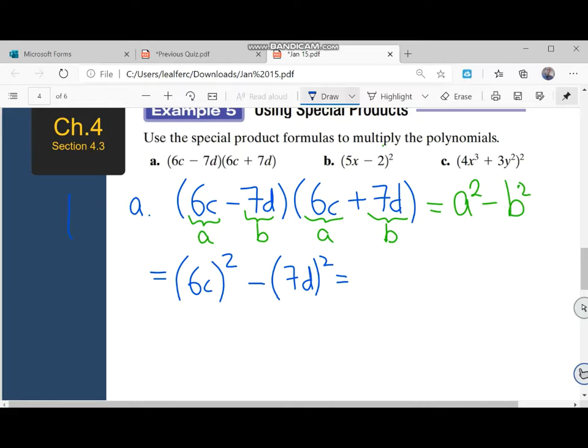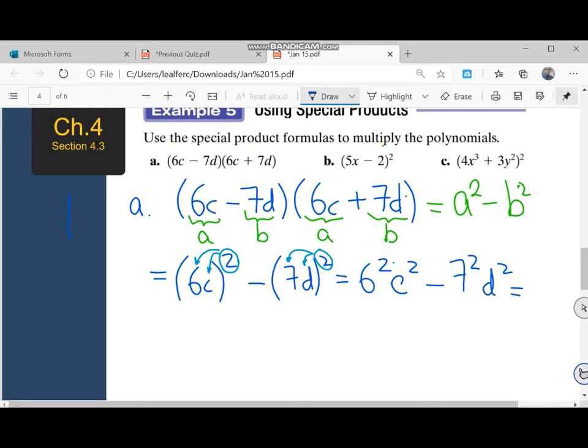If you remember the properties of exponents, this works like a distributive property, where you distribute the exponent into the factors. So we have 6 squared times C squared minus 7 squared times D squared.